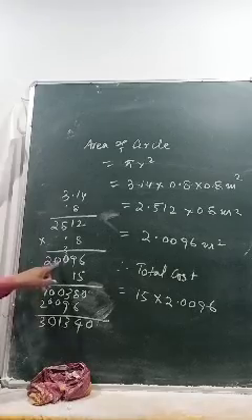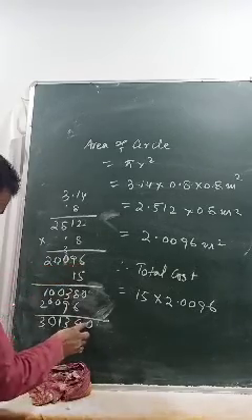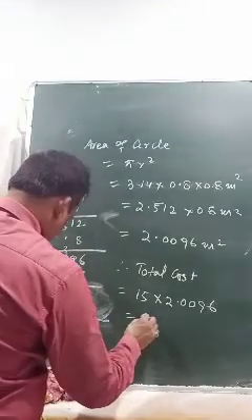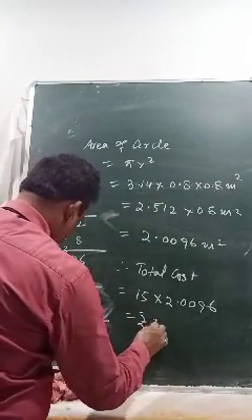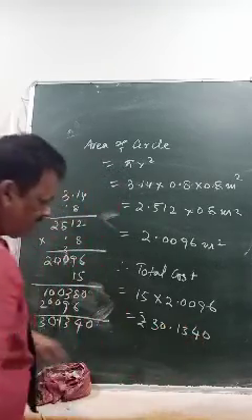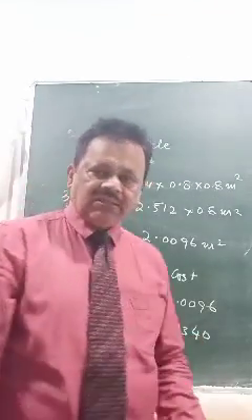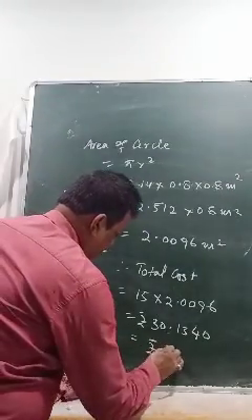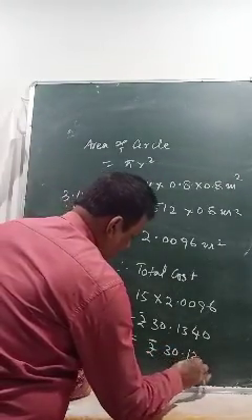After decimal 1 2 3 4. That is rupees 30.1340. So after the decimal, the paisa has 2 digits. So rupees 30.13.